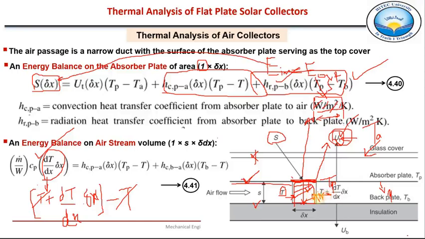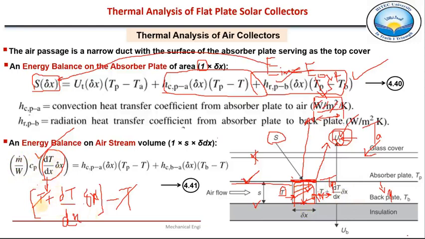This air has gained this much amount of heat, and from where has it gained? From here. So that is the energy into this element of del x, and that is the energy out of this air. This air is leaving this element del x of length del x with this energy. Which energy? This one. That represents this change.